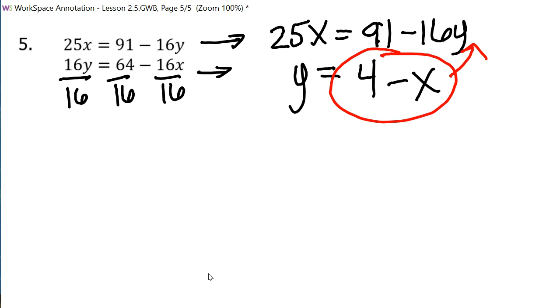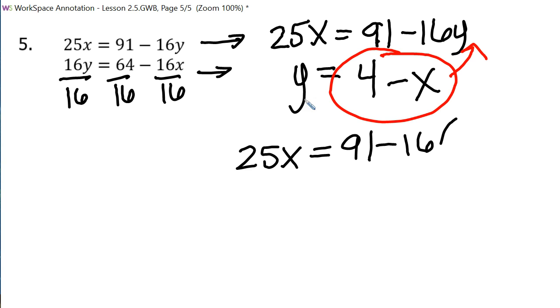Okay, for this one, we are replacing the y with 4 minus x. So bring down the 25x, the equal sign, the 91, minus 16. What's being replaced goes in parentheses, and what are we replacing the y with? 4 minus x.